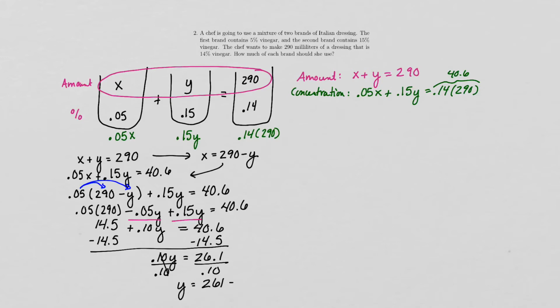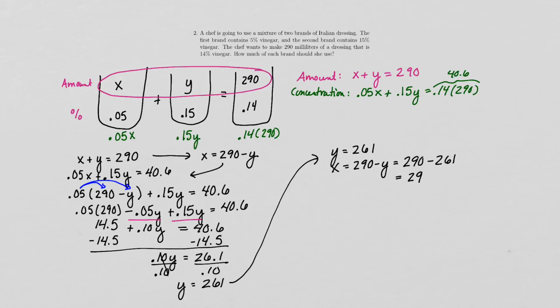And then again, we have to find x. So if y is equal to 261 and x is equal to 290 minus y, that means x is going to be 290 minus 261, which should be 29. I think I did that right. Did that in my head, and I should really always use a calculator because, yeah, 29.